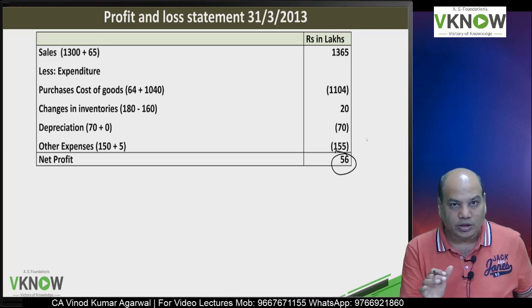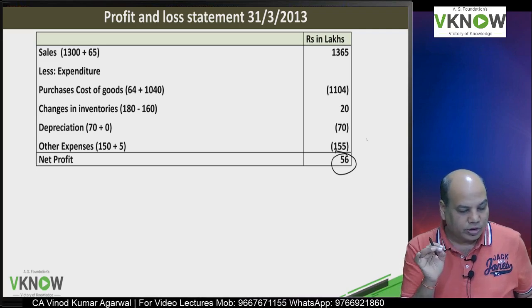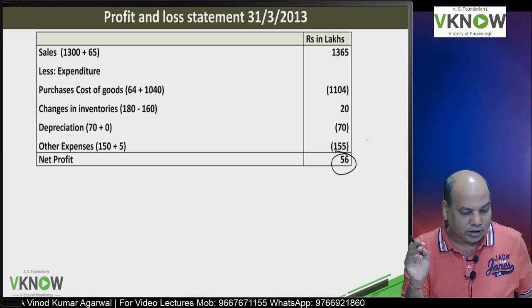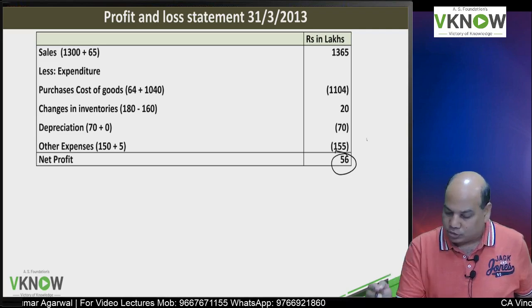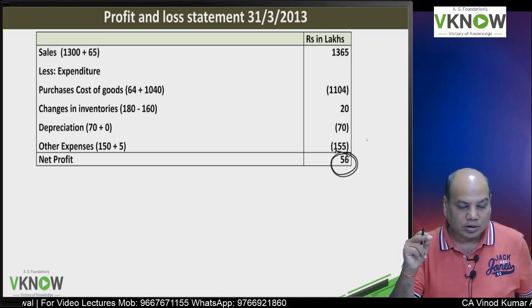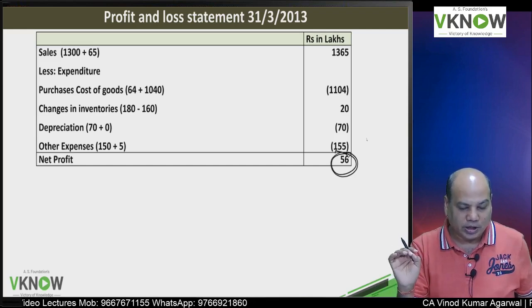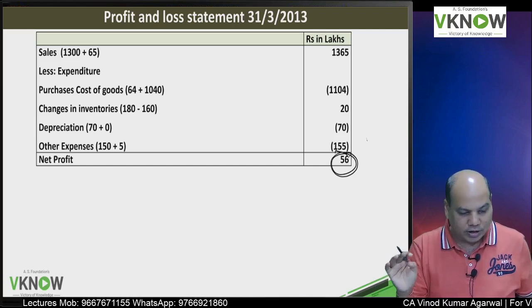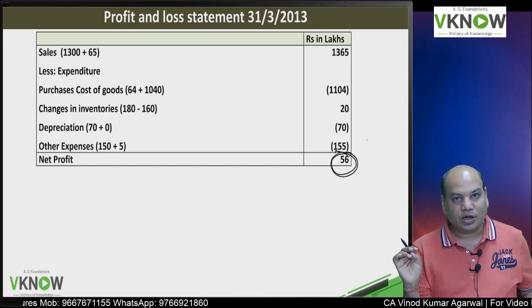Now again look at the trial balance. Which item will be shown in the balance sheet? Credit side, share capital, P&L account. In the P&L account I am going to add 56, plus I have to also write the current liability, amount payable to Ponti Limited, which we had calculated in the journal entry, 24 lakh.